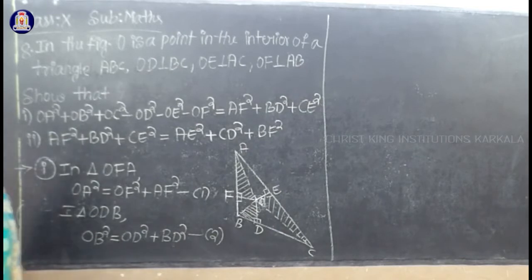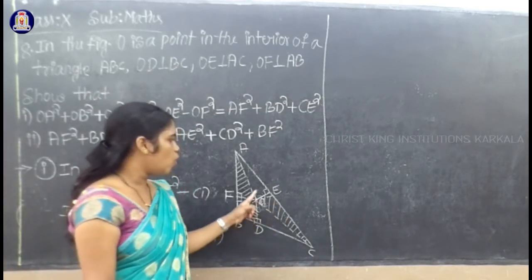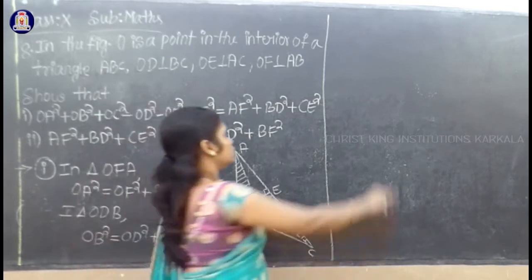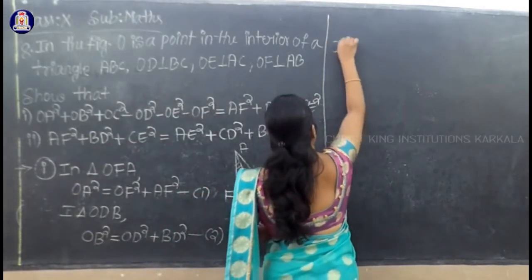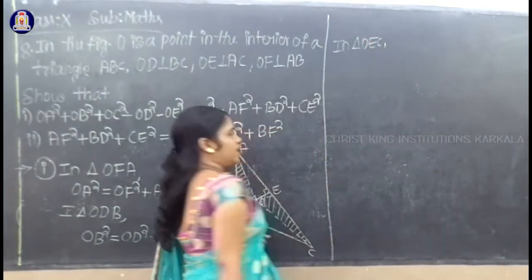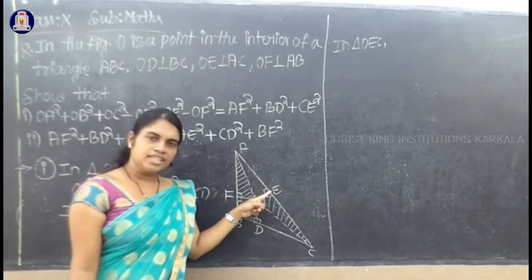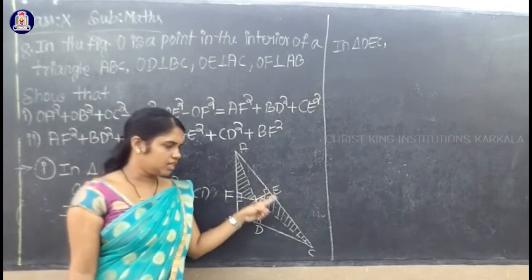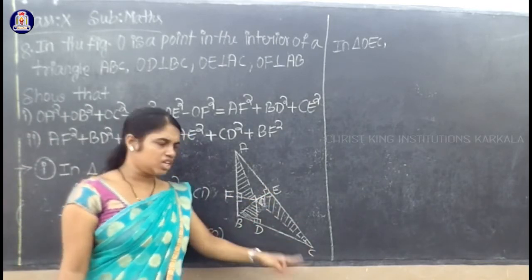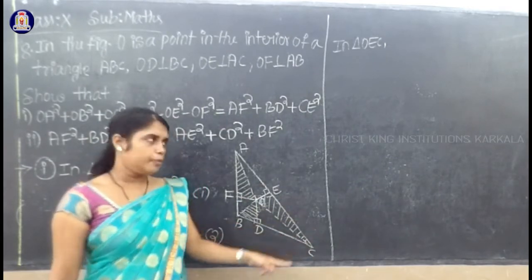Right? Now I will consider another shaded triangle, that is OEC. In triangle OEC, again I will apply the Pythagoras theorem. At point E you have 90 degrees. So which side is opposite here? That is OC, isn't it? So OC is your hypotenuse.